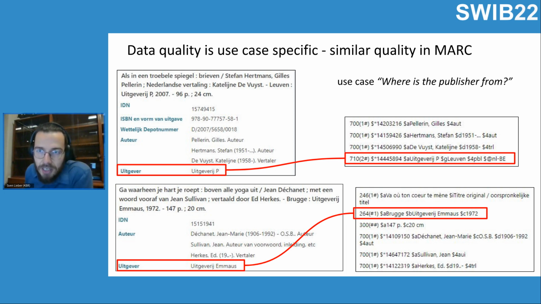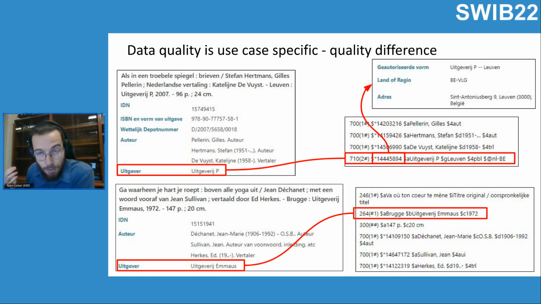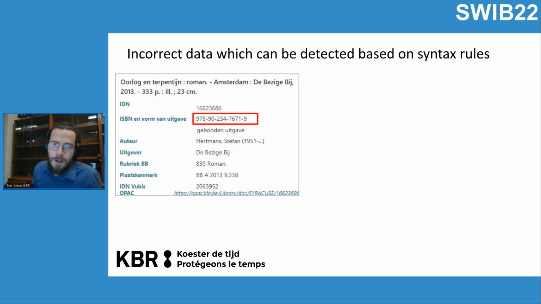However, now we see that for this use case, the first record actually links to an authority record where more specific information about the publisher is stored, whereas in the second case, there's simply a text string. And the city Bruges, here written in Dutch Brugge, actually exists in both France and Belgium. So here the data quality is not sufficient for the use case of knowing where the publisher actually is from, and some human would be needed here.